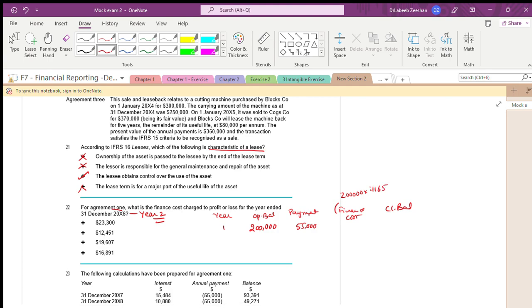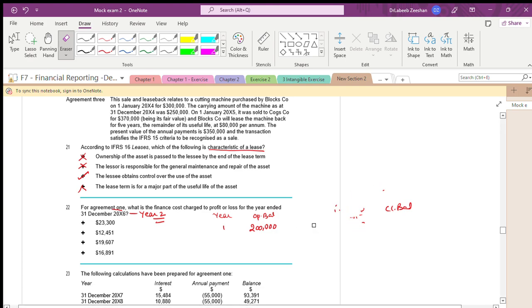How much will you get? 23,300. So finance cost is 23,300 and payment is 55,000.